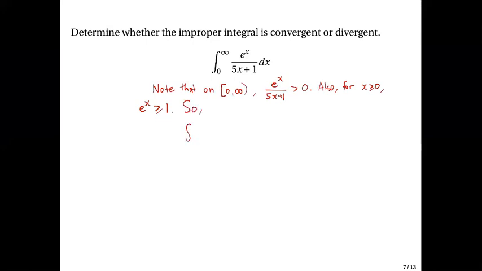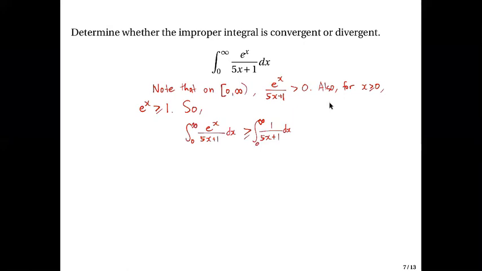So the integral from 0 to plus infinity of e to the x over 5x plus 1 dx will be greater than or equal to the integral from 0 to plus infinity of 1 over 5x plus 1 dx.